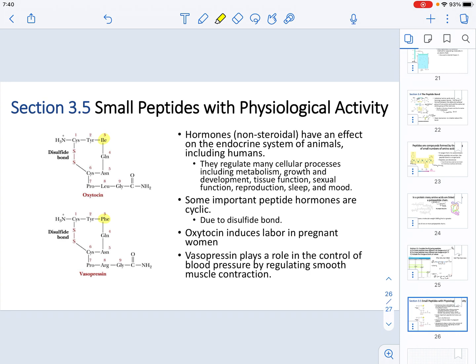As we walk around the molecule, also on amino acid number 8, we have a difference between leucine and arginine, but pretty much, other than that, the molecules are very similar. So this concludes all the topics that we're going to be talking about in chapter 3.